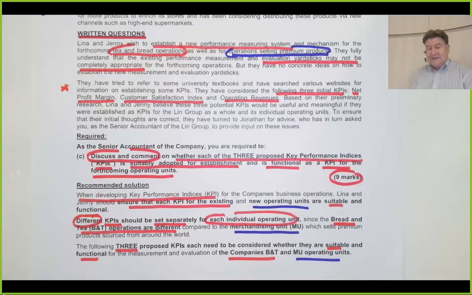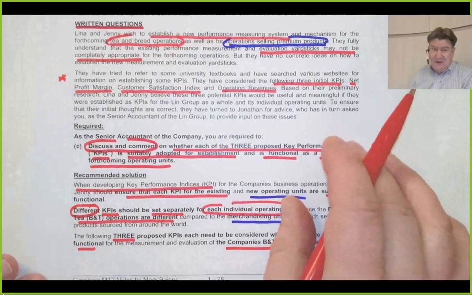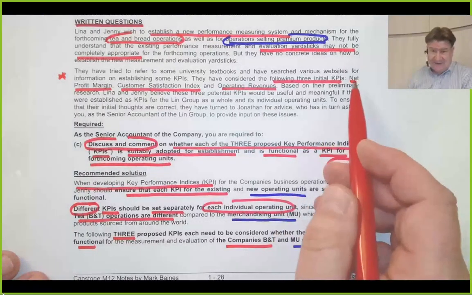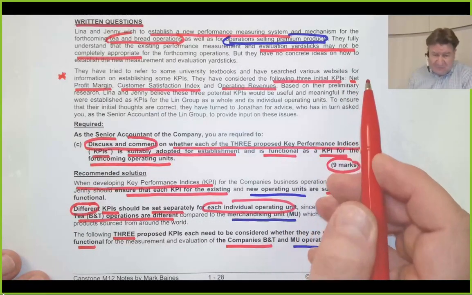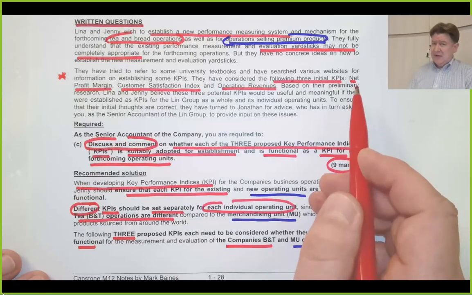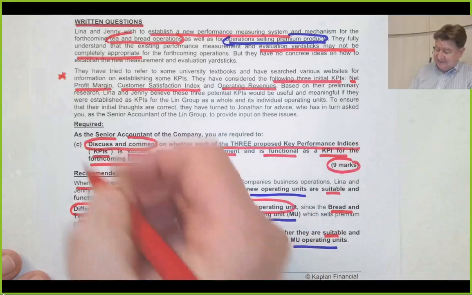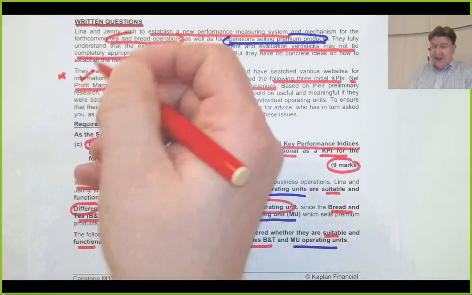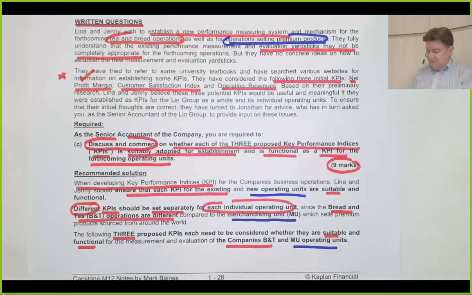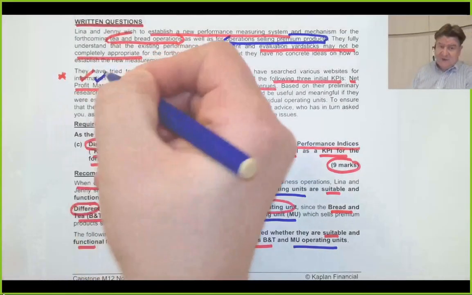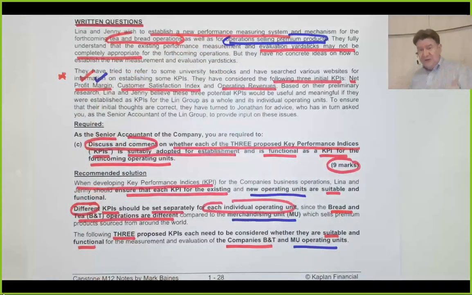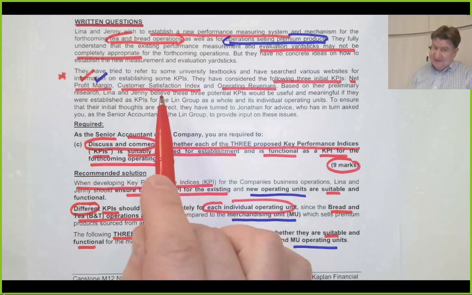Well, before we start getting into the depth of the solution, look, first of all, if we think about the financial perspective, so if we go back to our Kaplan Norton balanced scorecard, profitability is going to be important in just about every place in the business. So yes, that's going to be relevant, functional, that's going to be suitable for the bread and the tea. It's also going to be suitable for the premium price products as well. But let's think about these other 2 just here.